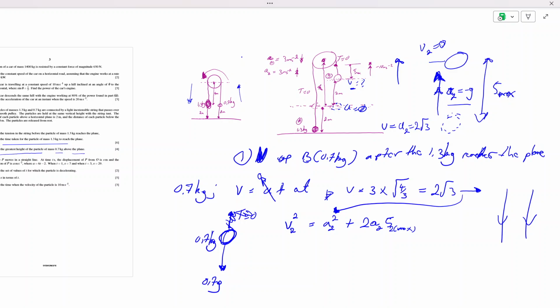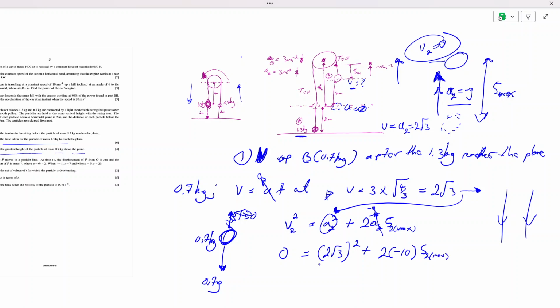So v2 squared is equal to 0. The u2 squared, the initial velocity after the 1.3 kg had reached the floor, is 2 root 3 squared, plus 2 times a2, which is negative g, so negative 10, multiplied by s max.